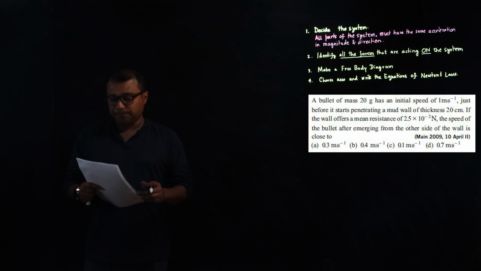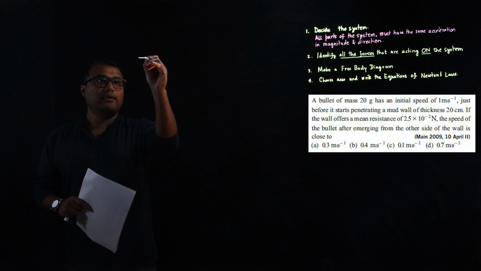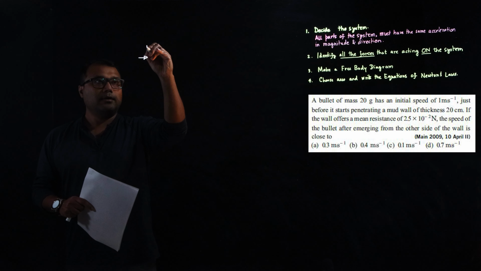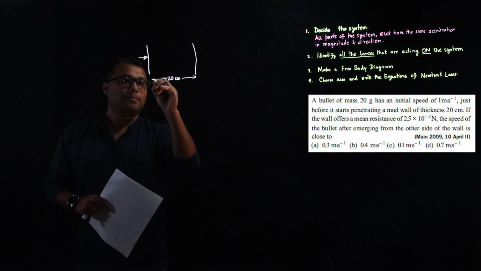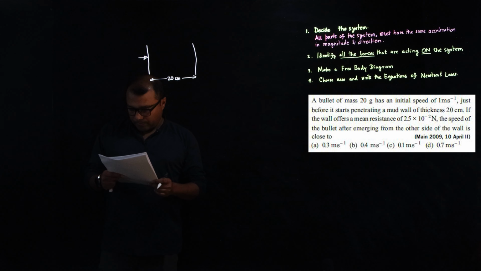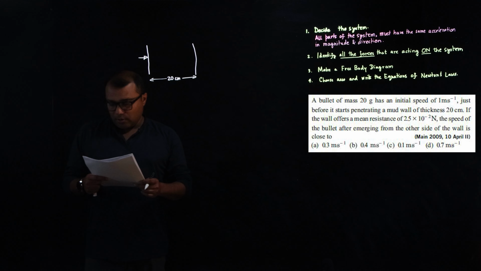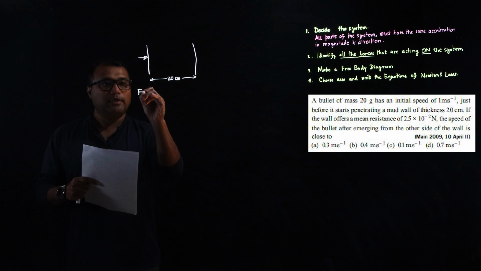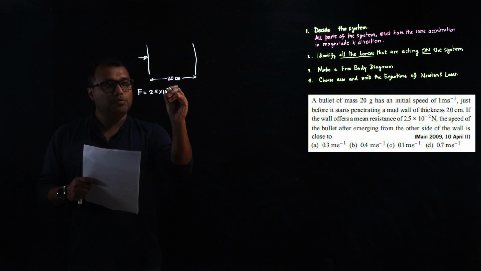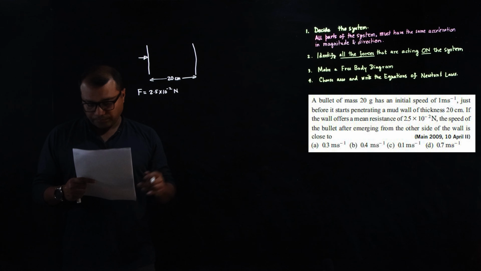Okay, so let's see. So here's a bullet that penetrates a wall which is 20 centimeter in width. Okay, and the wall offers a mean resistance. So let's write down that force, 2.5 into 10 to the power minus 2 Newton.